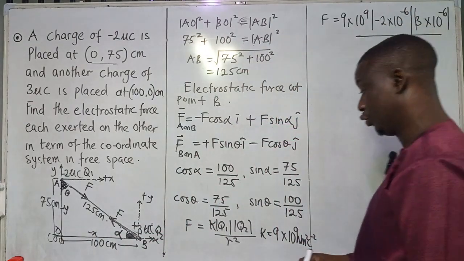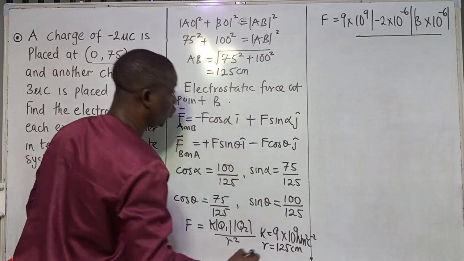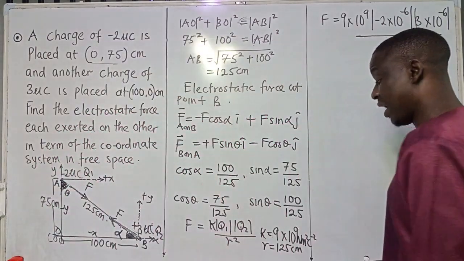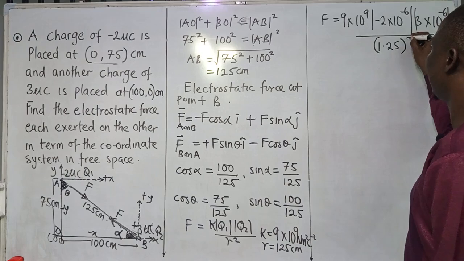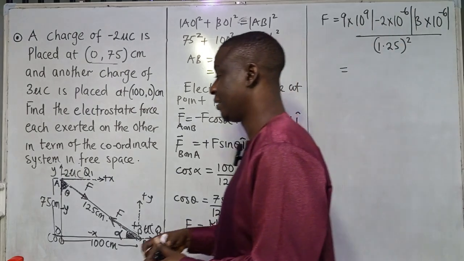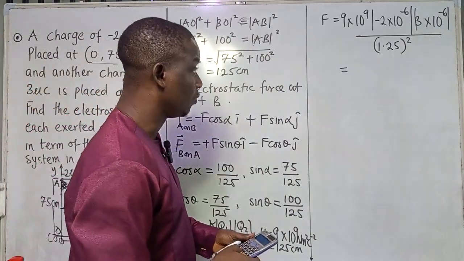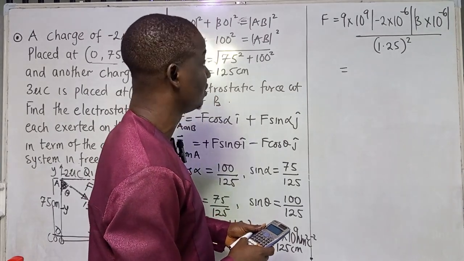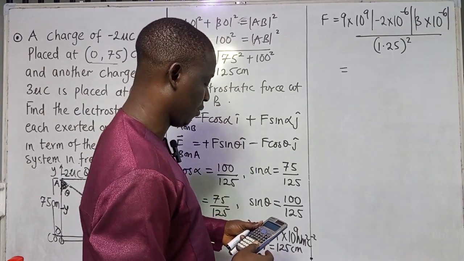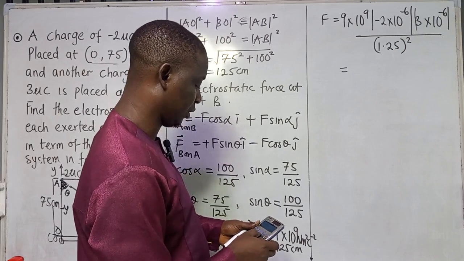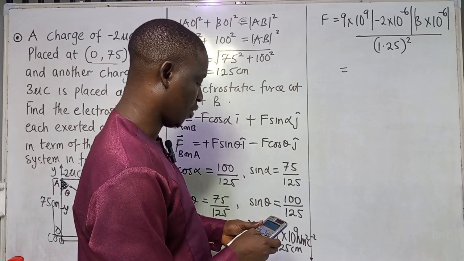R is 125 cm, so you convert it to meters by dividing by 100, which gives 1.25 all squared. Now, after having done that, let's pick up our calculator. So we are going to have 9 times 10 to the power 9, then multiply 9 times 6, then divide by 1.25 all squared.